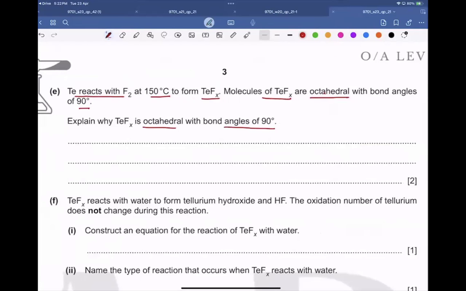So if you recall, whenever there is an octahedral shape, there are 6 bond pairs and no lone pair around the central atom. And in this case, it's TeF6, which is indicating that tellurium is the central atom, right?